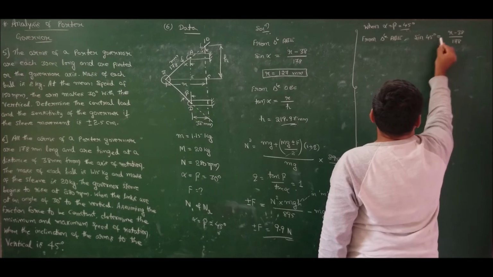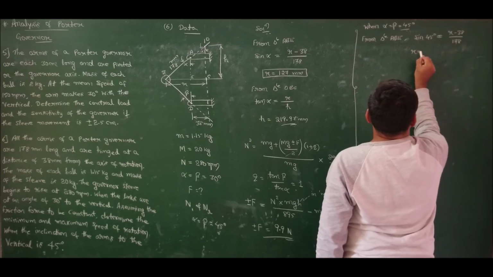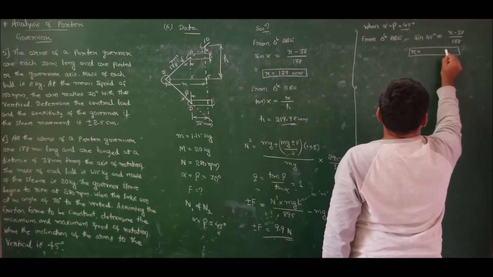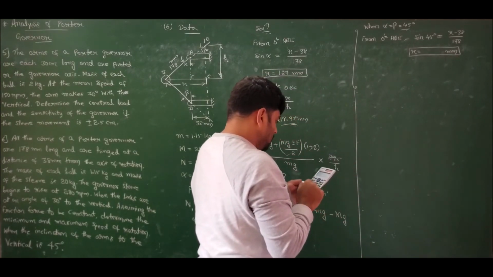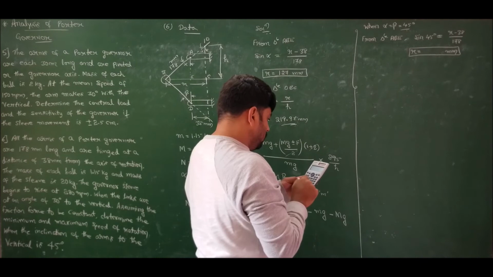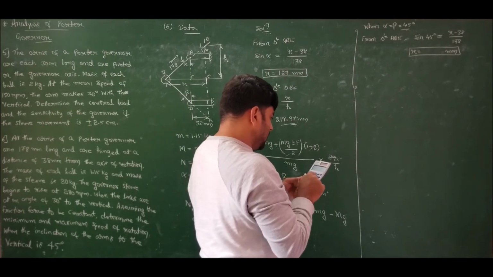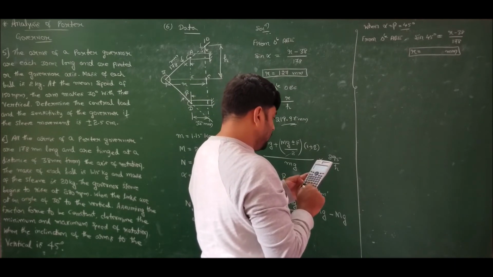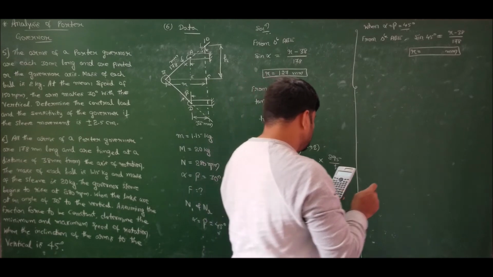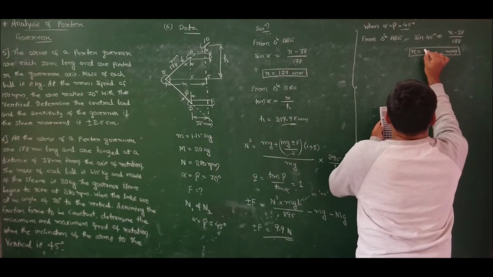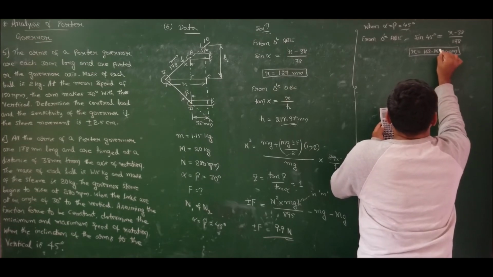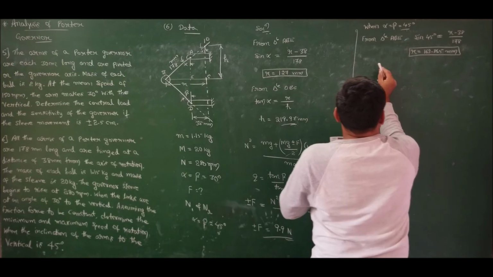Hence I will get the new value of R. If I solve, I will get the radius of rotation as 163.865.